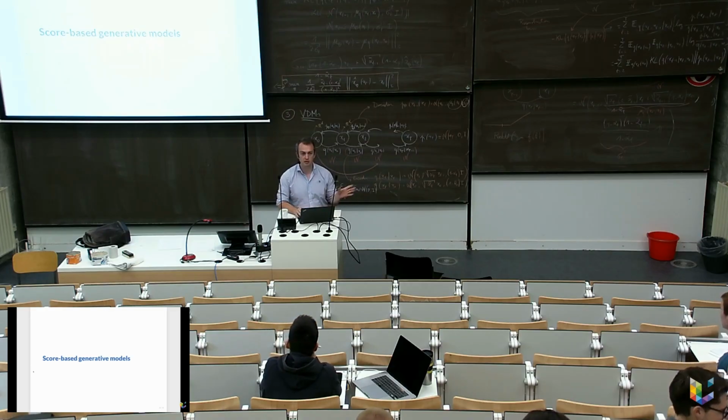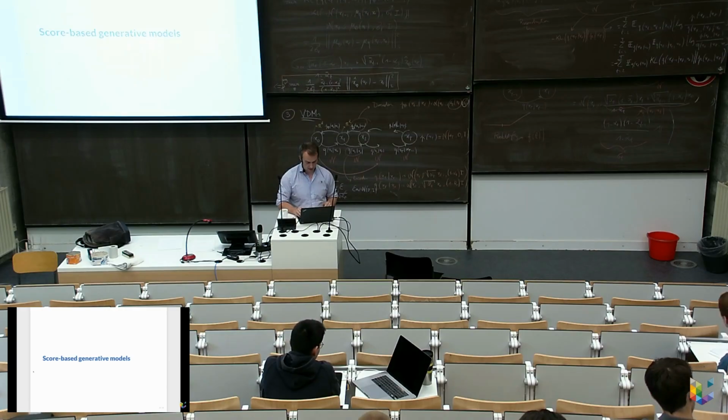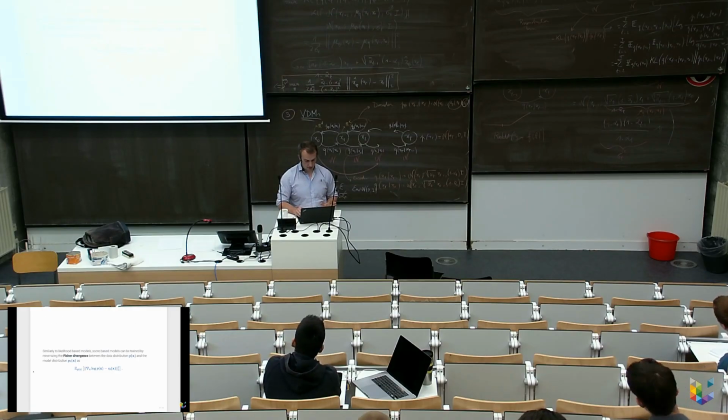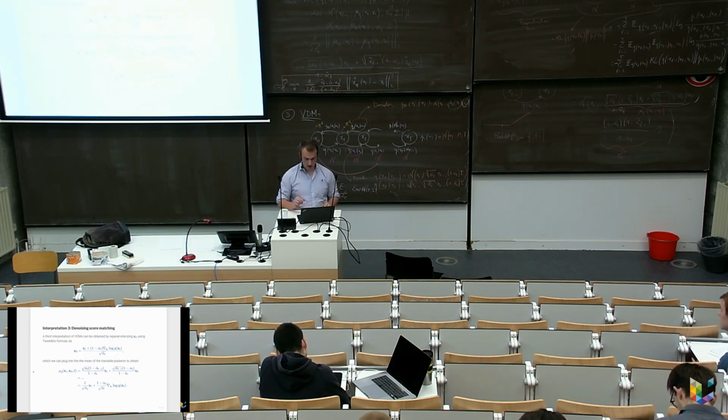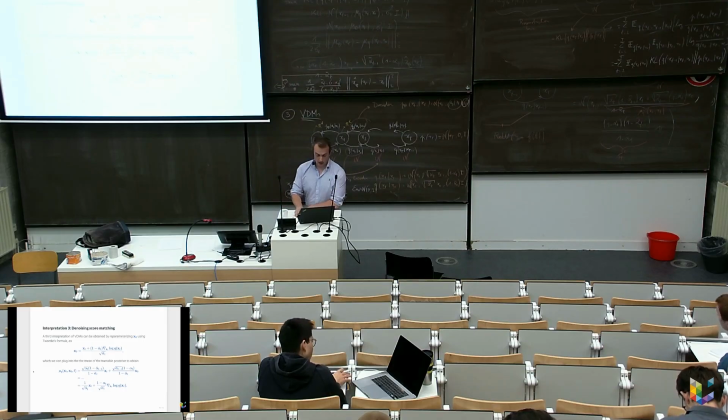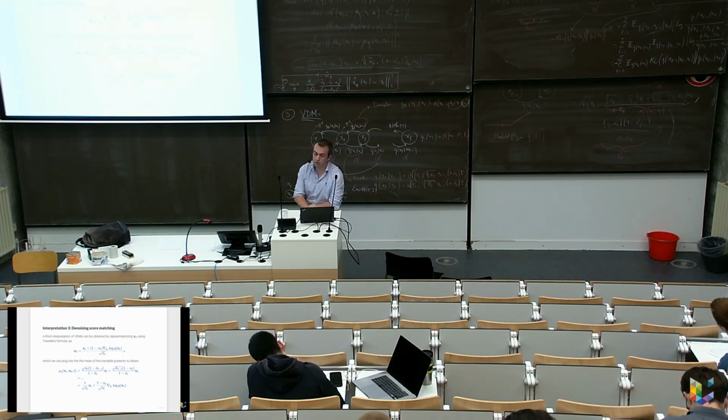But you should know there is something better, which is the third interpretation. And I will directly skip to the interpretation, which is based on the fact that you can relate again x0, not to the noise, but to another quantity which is called the score. In this case, the score of the marginal distribution of the noisy data.